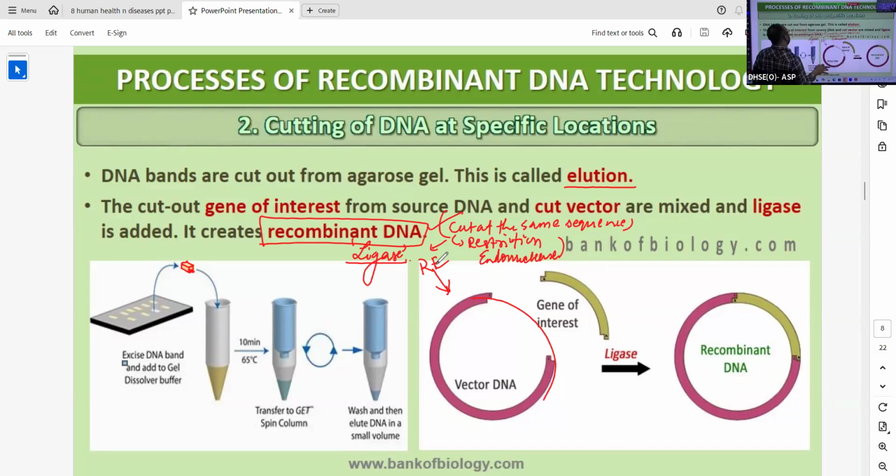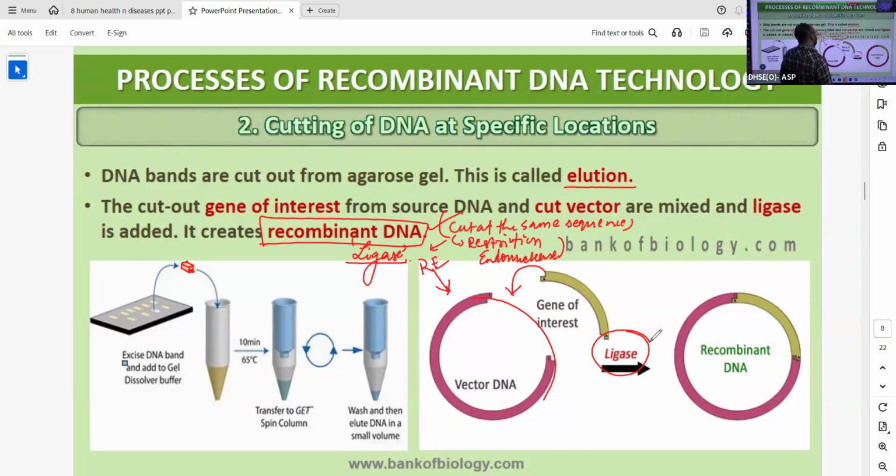Once it has cut the vector DNA, now the sequence is the same. The gene of interest and the vector at the particular sequence where it is cut are the same. So the gene of interest can now be easily inserted or added at that location. For the addition, we used the enzyme ligase.